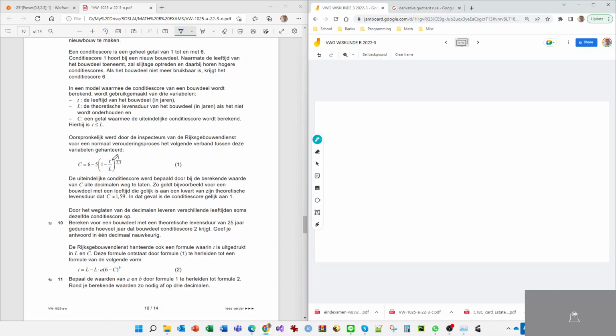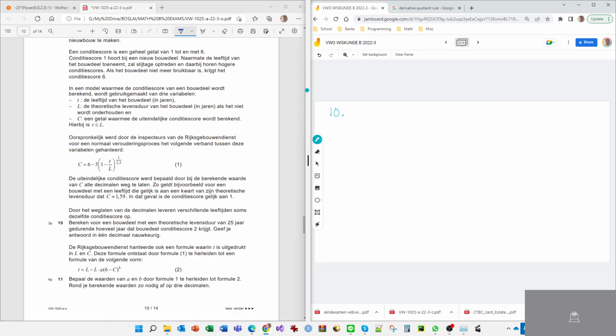They're asking for T, what is T, for which C is equal to 2. I wish they just gave you that equation and asked you to solve it, so you don't need to go through that wall of text here. But it is what it is.